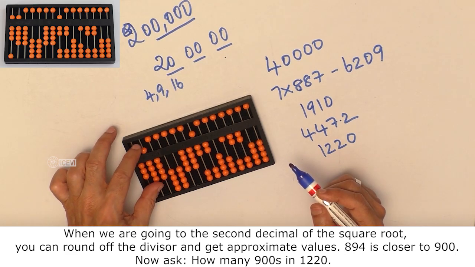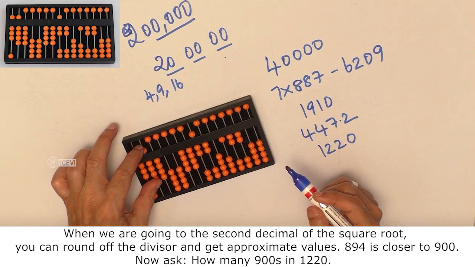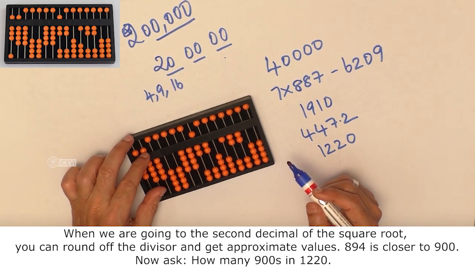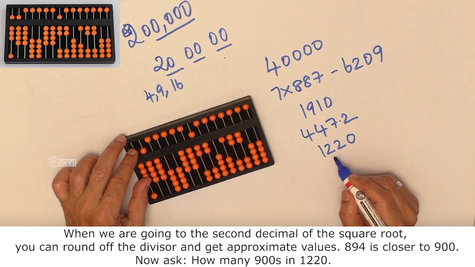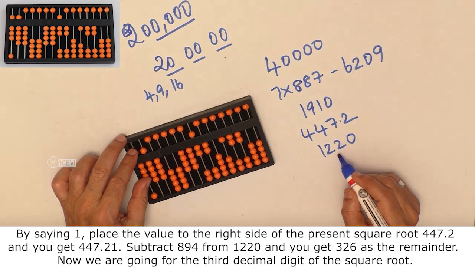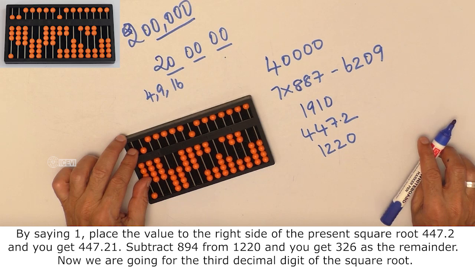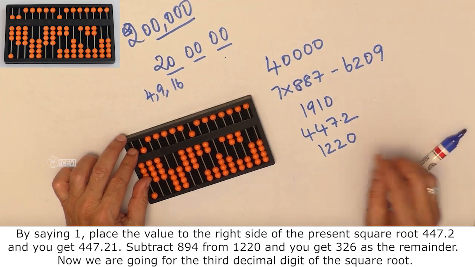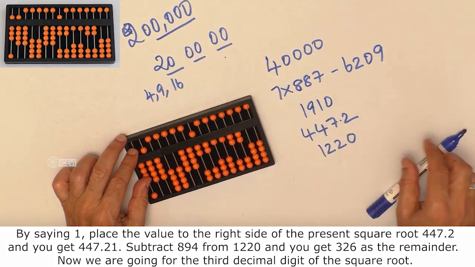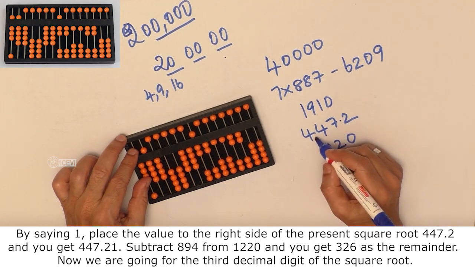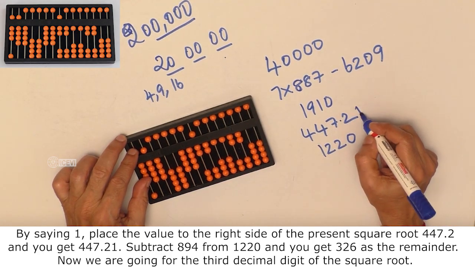So therefore you can consider the divisor as 900 and ask how many 900s in 1220 by saying 1, place the value to the right side of the square root, which is making it as 447.21.